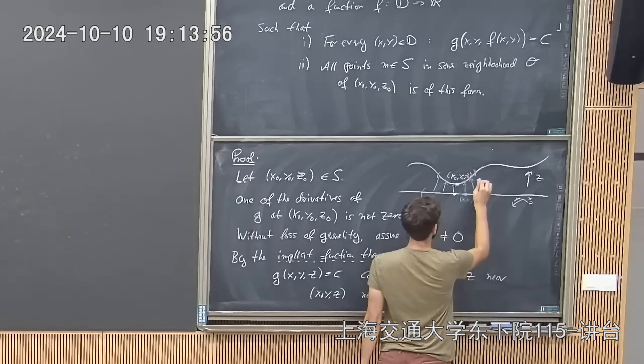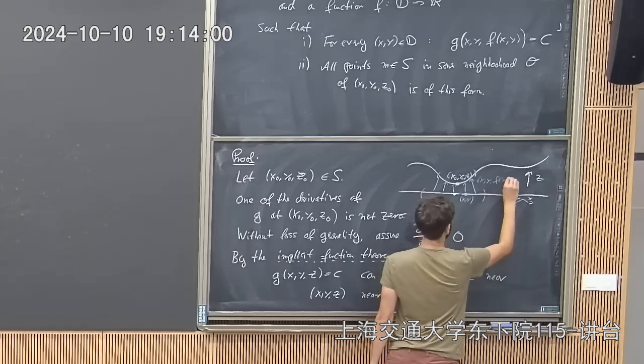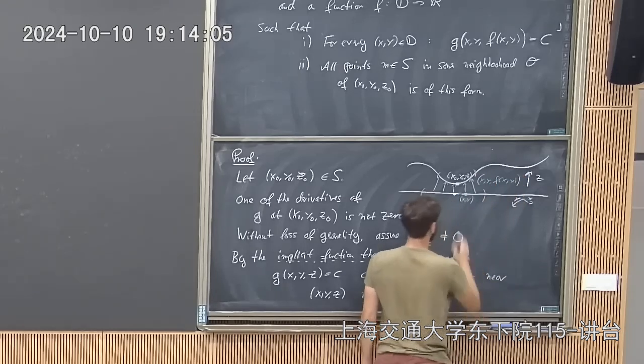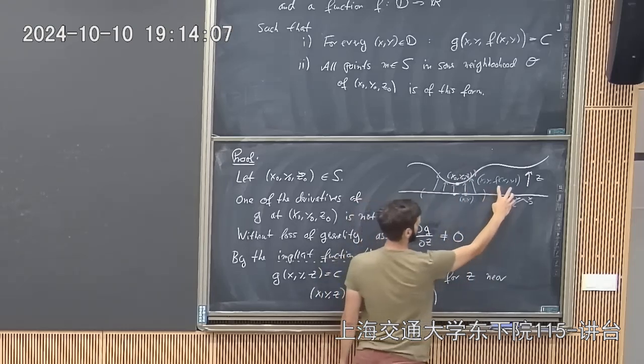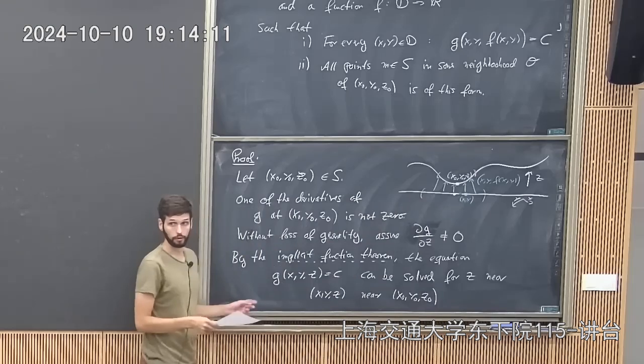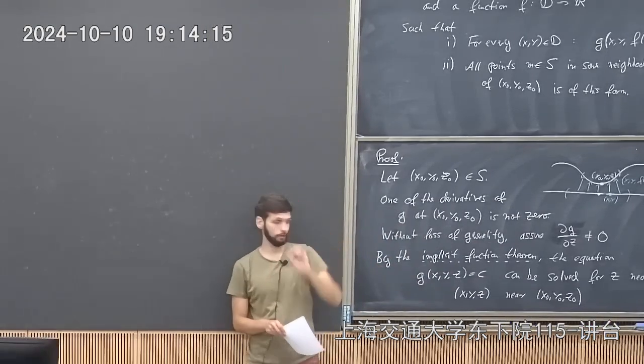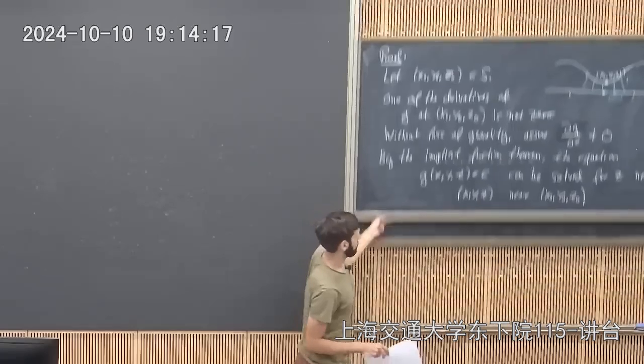Then this one here is given by x, y, and f of x and y. So f gives you the z coordinate of that point.